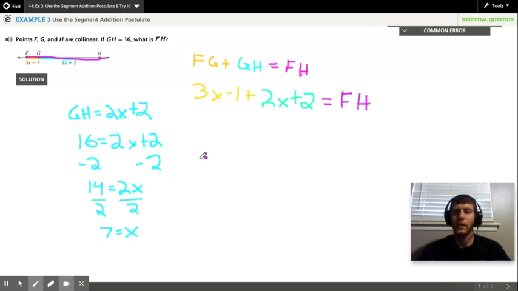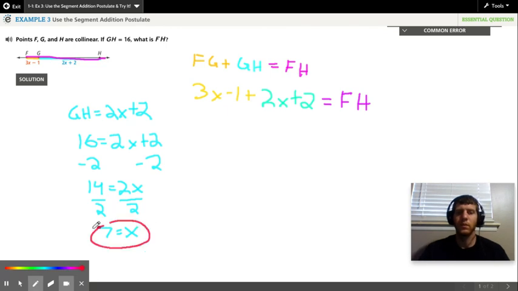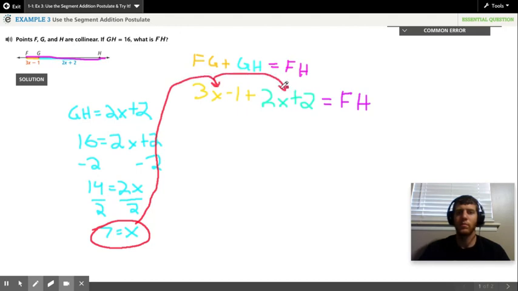But we know what x is, so we can now substitute in x here and here. So we have 3 times 7 minus 1 plus 2 times 7 plus 2 equals FH. And then we can just simply simplify from there.